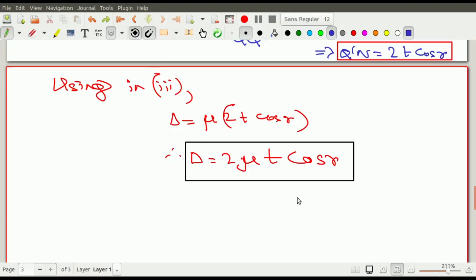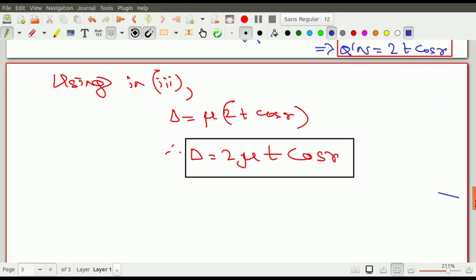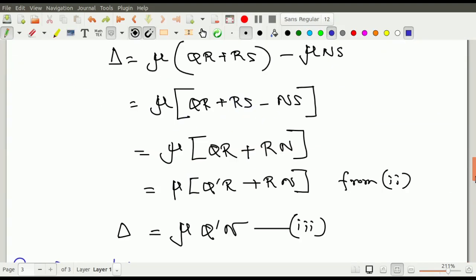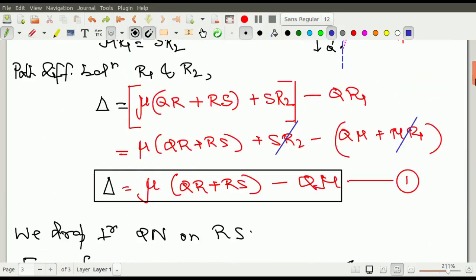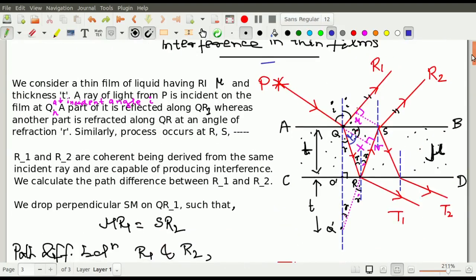But the story is not yet finished, there is more to come. You recall that Stokes treatment, that there is an abrupt or sudden phase change of pi when there is a reflection. For all reflection, no, only if the reflection takes place from the denser medium, that is, the light is traveling from rarer to denser medium, under that circumstance the reflected ray suffers an extra phase change of pi or a path change of lambda by 2, right?